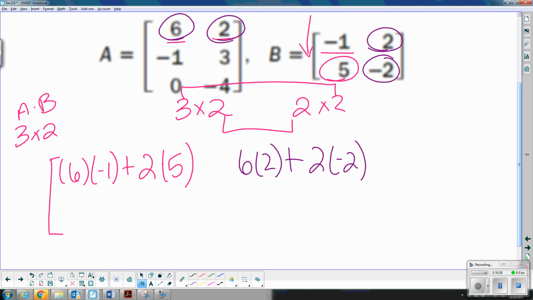Okay, and then our next term, so our second row, first column, is -1 and -1 plus 3 and 5.